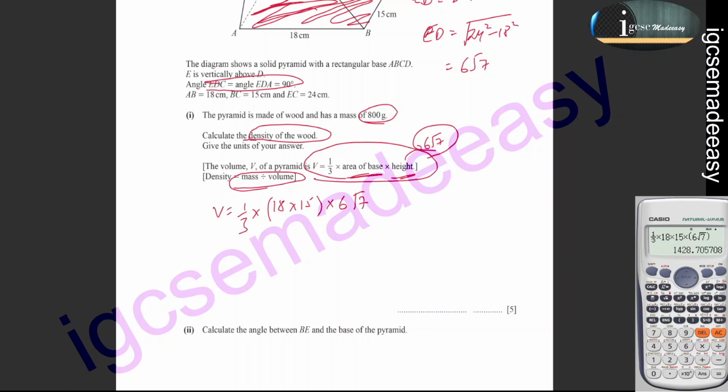Then I have 1428.7. So the volume is 1428.7.